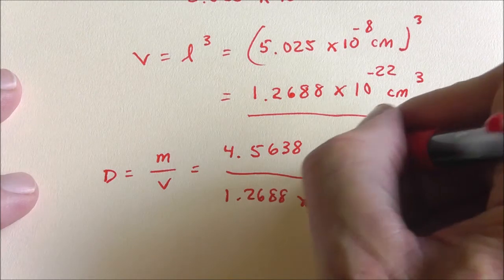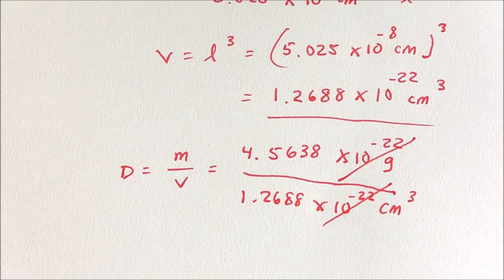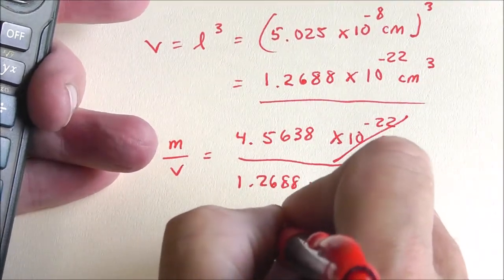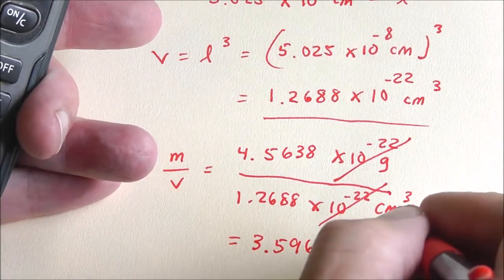What feels great is big feeling of power. Wham, wham. I just have to divide 4.5638 divided by 1.2688. 3.596. Now, I'm not super familiar with barium, but it don't sound that wrong.